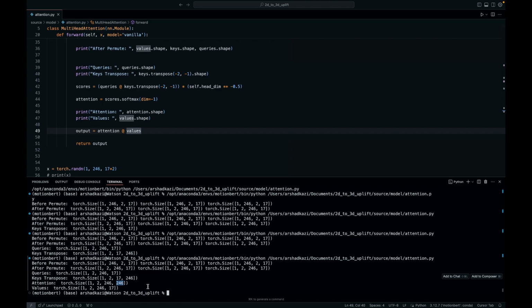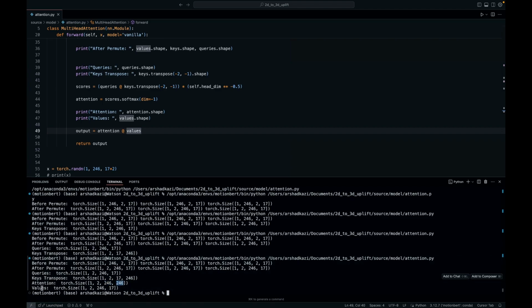Essentially what it represents is, with each word inside our total context, how it is getting combined, or how it is attending to some other word. So if there are 10 words, this would be a 10 by 10 matrix, but our contextual length is 246, so it is a 246 by 246 matrix.